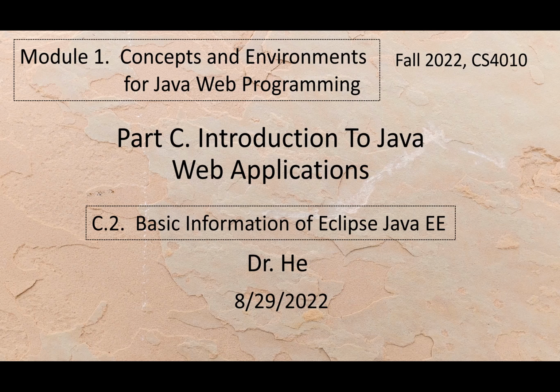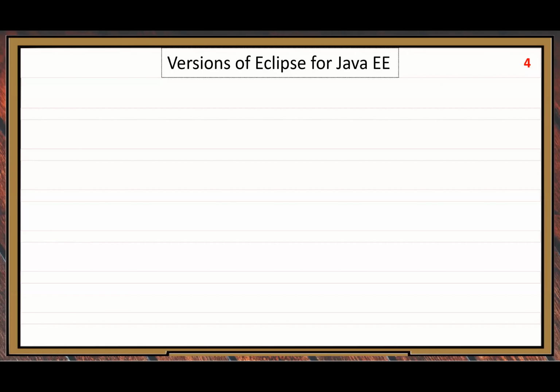So you need to go through these basic steps. Okay. All right, so let's do slide by slide. First, versions. When you download the versions of Eclipse for Java EE, find the right version. I have a tutorial, so after this class, you can do it. If you feel you need more information, I will update my tutorial, a little old.